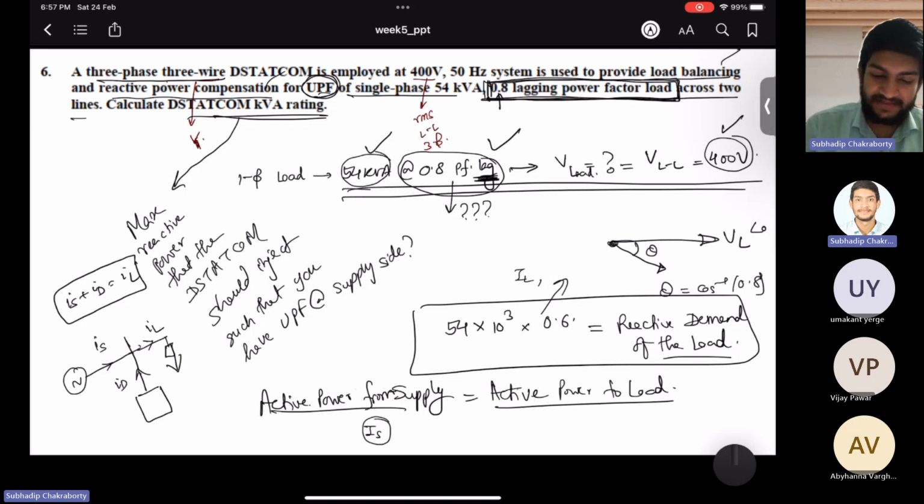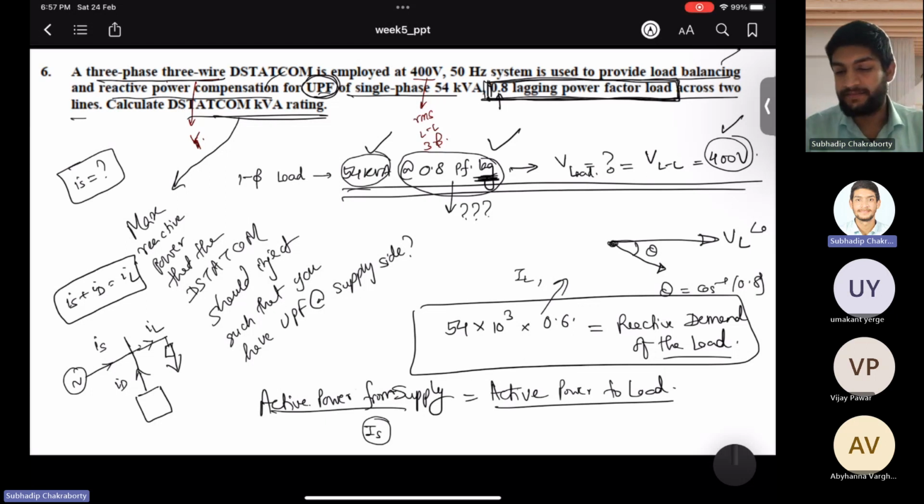So now determine what is the IS. How will you calculate IS? Because in order to know the DSTATCOM KVA rating, what you need is the DSTATCOM voltage and DSTATCOM current. That will give you the KVA rating, right?